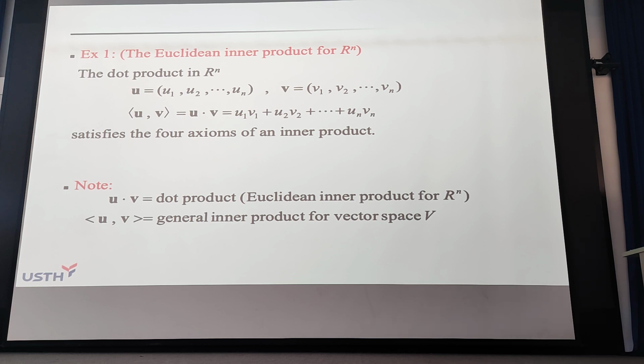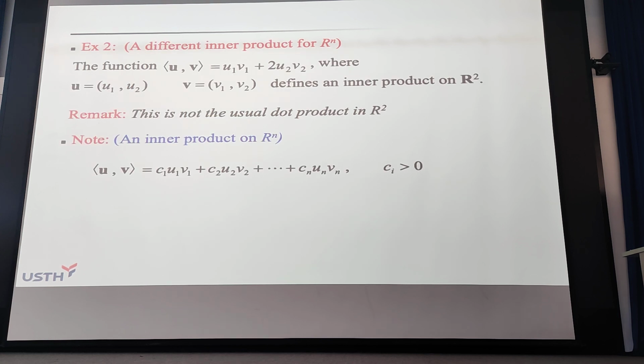Why do I say that? Because in Rn we have more than the Euclidean inner product, more than the dot product. Here is an example in R2. If I define a new function by U1 V1 plus 2 times U2 V2, it is again an inner product on R2, and it is not the usual dot product in R2.